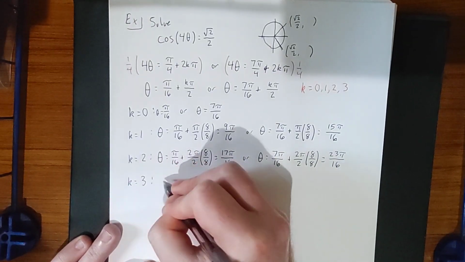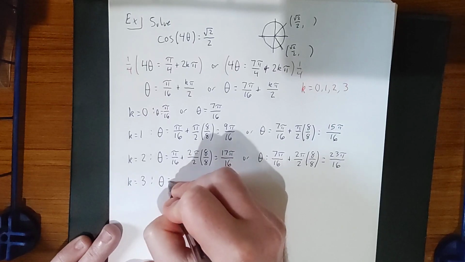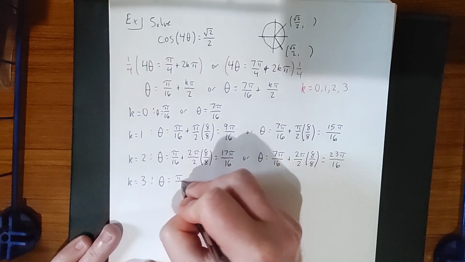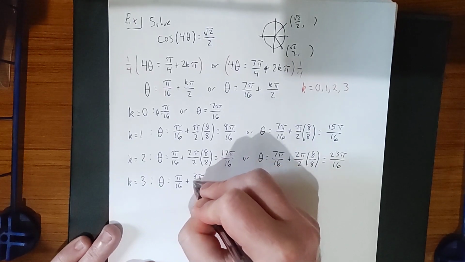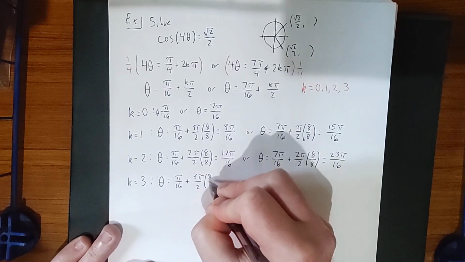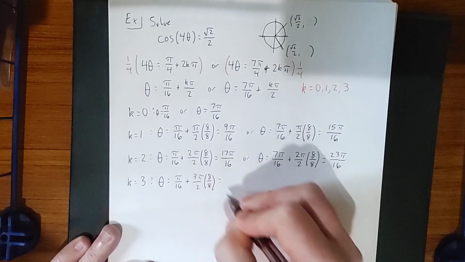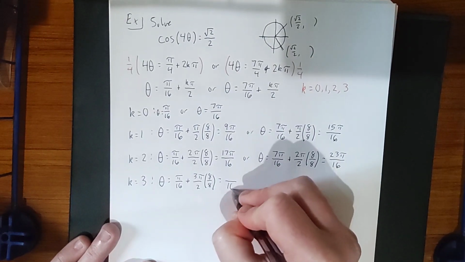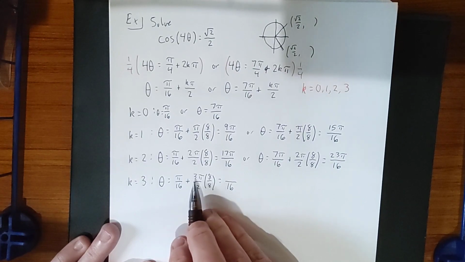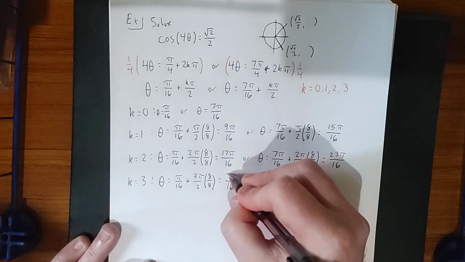And finally, for k equals 3, this will be theta is equal to pi over 16 plus, now we'll have 3 pi over 2, the common denominator once again, of 8 over 8. That'll give us a common denominator of 16. And in the numerator, we have pi plus 24 pi.